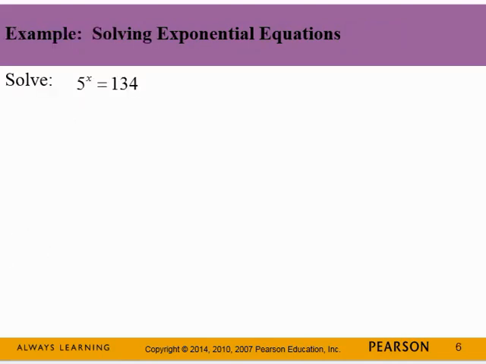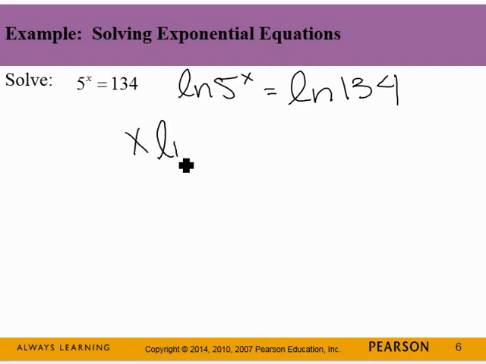So let's look at this example. 5 to the x equals 134. So this means if I take the natural log on both sides, you want to simplify that now.